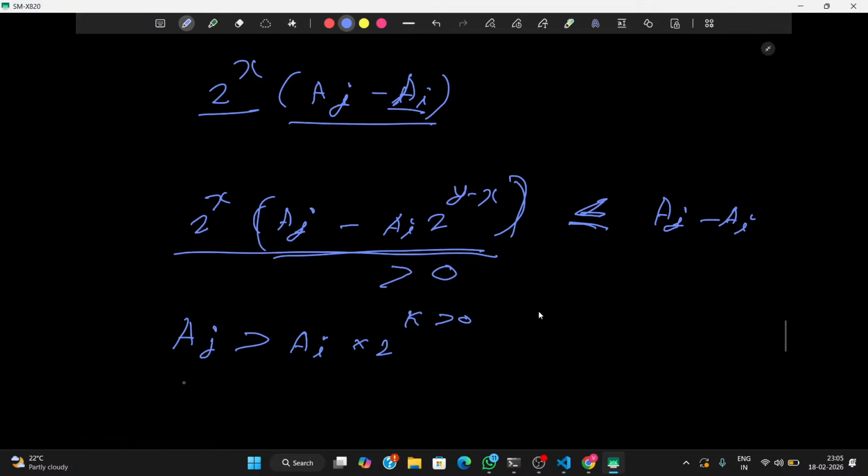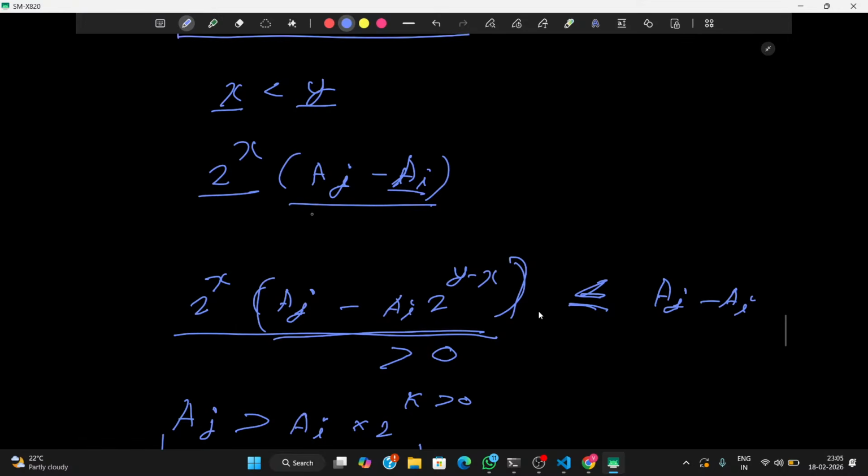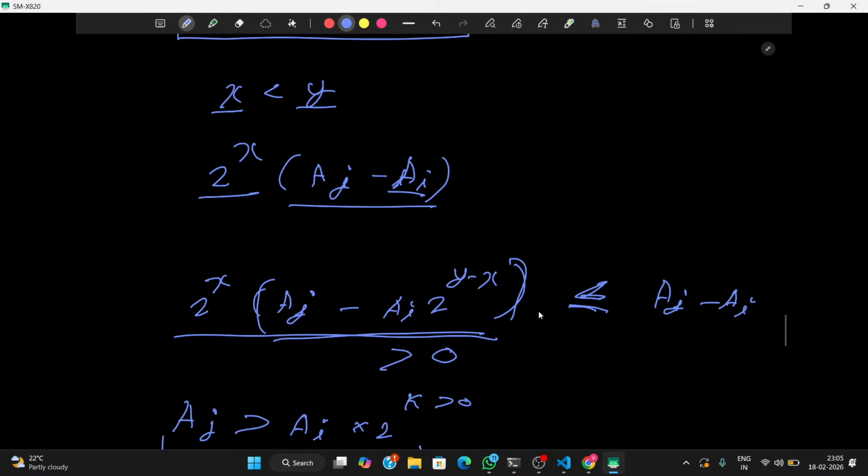And if we were able to do this, then we could have done it earlier only, right? What we assumed here was aj and ai are as close as possible. Now you cannot multiply ai by 2 further. If you multiply ai by 2, it will become greater than aj. That is what we assumed earlier.